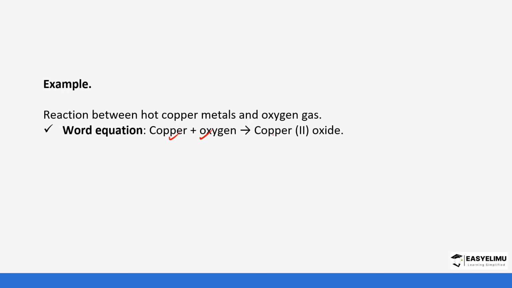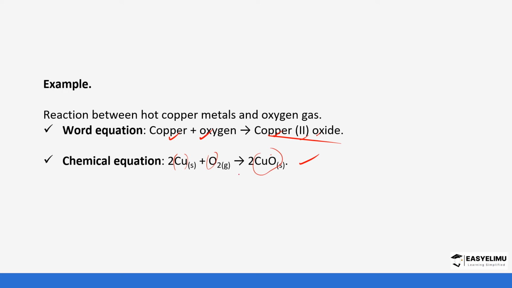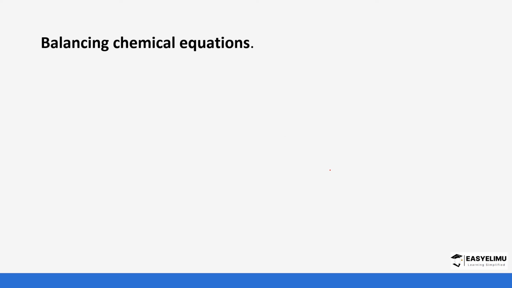They react to form copper 2 oxide, which is a product. And then this is the chemical equation that is balanced. You can see the symbols in the reactant and the symbols in the product, and you can see the state symbols as well, and the coefficients of balancing. So we are going to start from this and end up with this. We'll see how we do that.